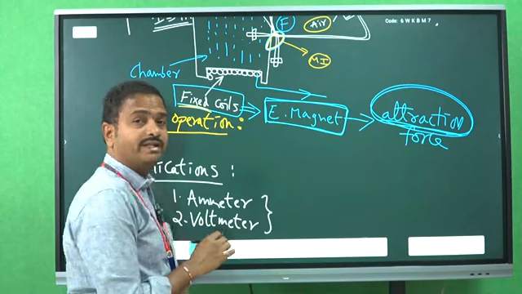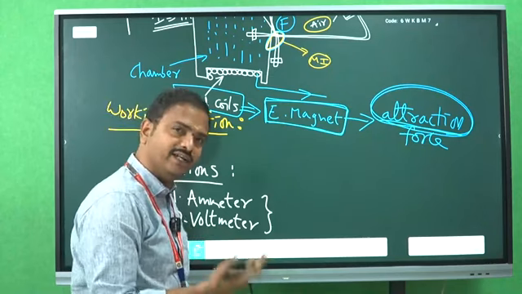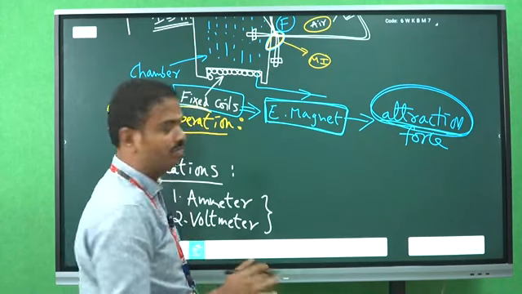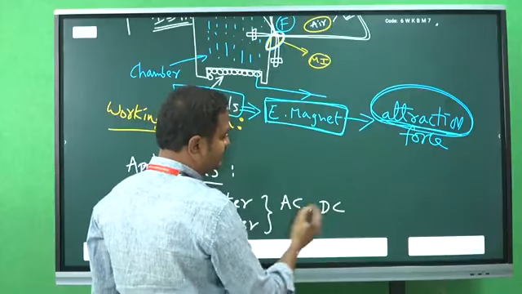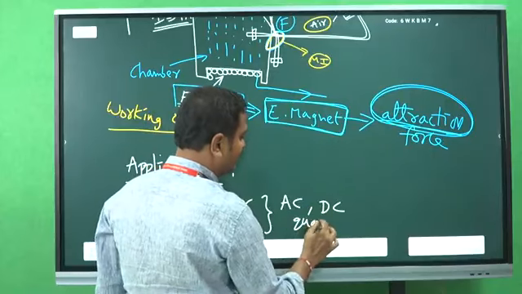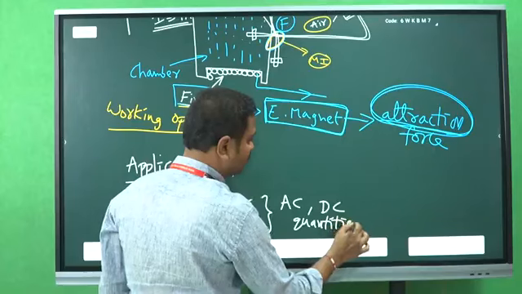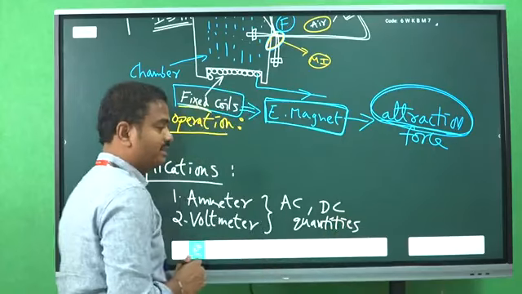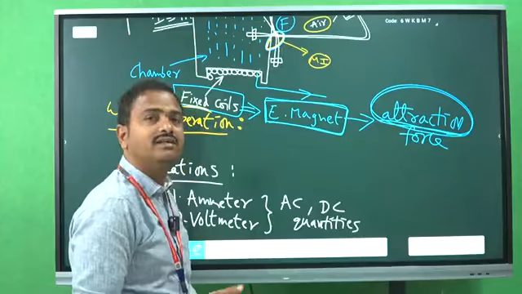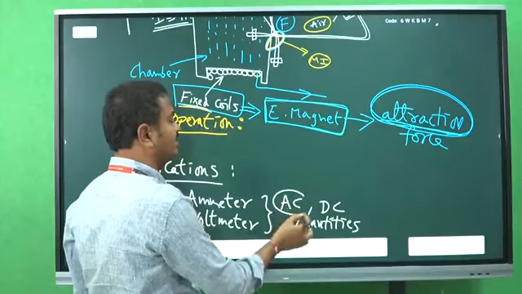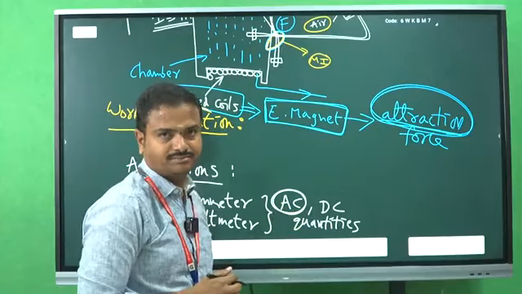This ammeter and voltmeter can measure both AC values and DC values. So MI instruments can measure AC values and DC quantities also. Both the quantities are measured by using MI instruments, but accurate results are obtained with the AC supply.